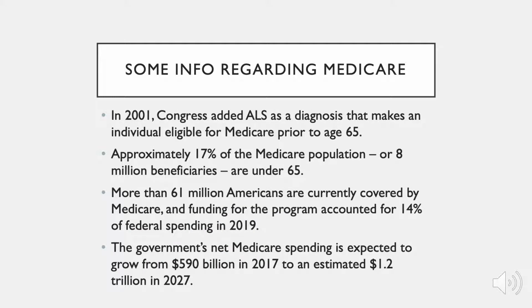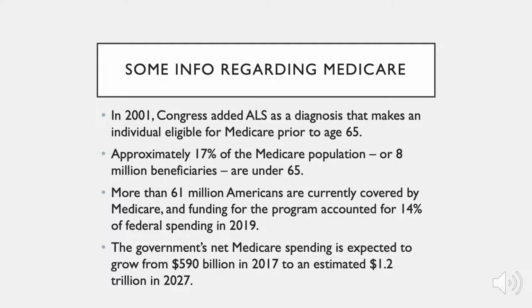Some information that I found regarding Medicare was that in 2001, Congress actually added ALS as a diagnosis that makes an individual eligible for Medicare prior to the age of 65. Approximately 17% of the Medicare population, or 8 million people, are under the age of 65.